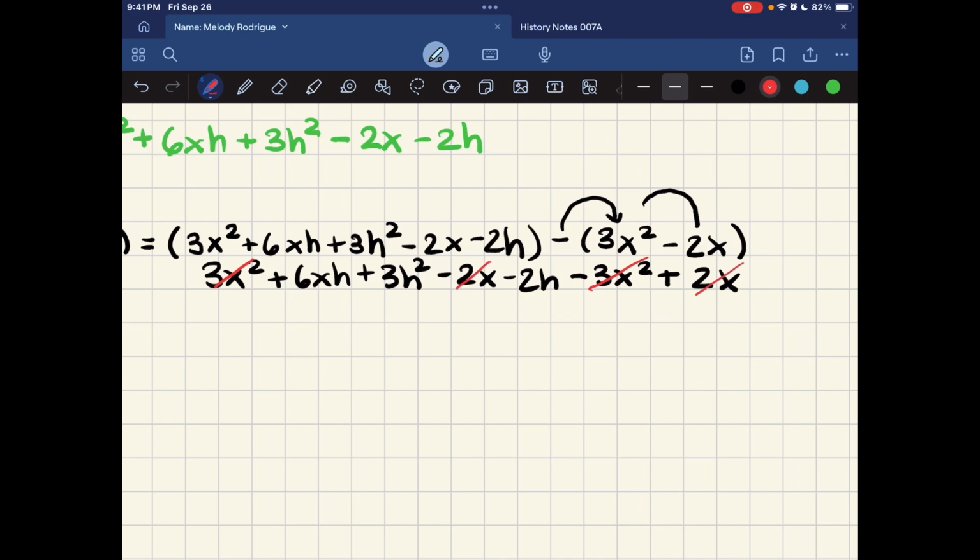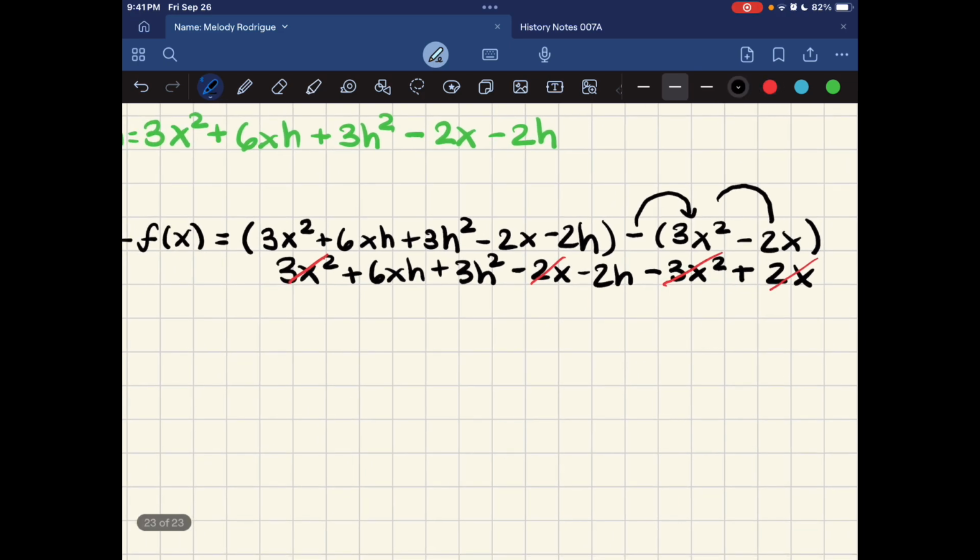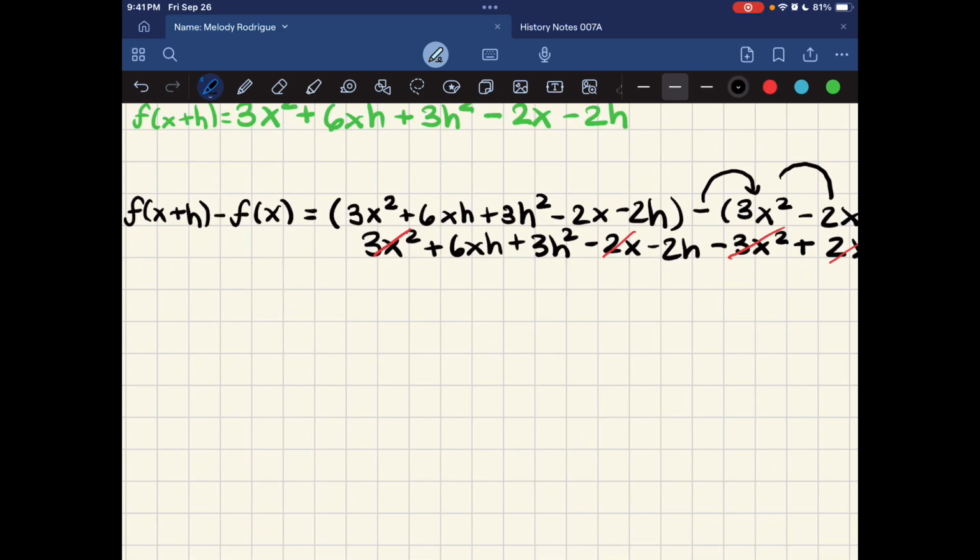So now we are just left with f of x plus h minus f of x equals 6xh plus 3h squared minus 2h.